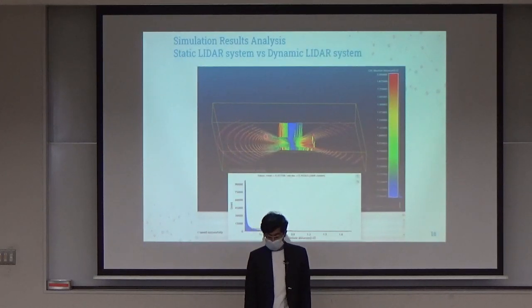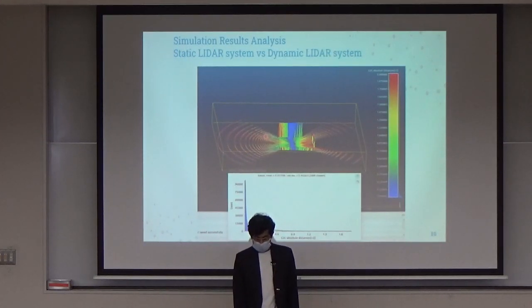Here we calculate the error between the ground truth and our proposed method, and we find that the distance between our method and the ground truth is very small, almost 0.15 meter on average.